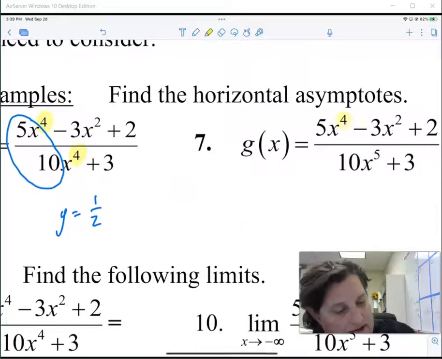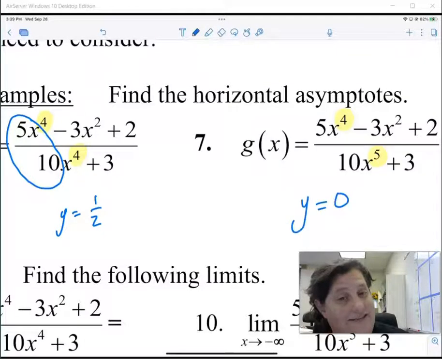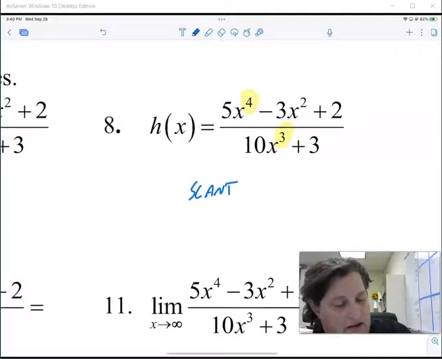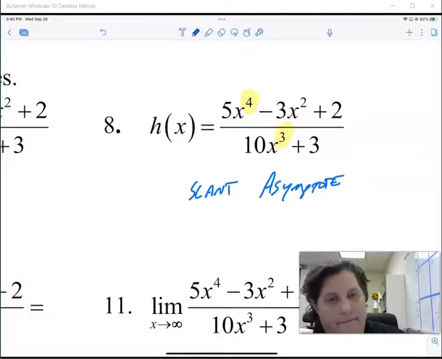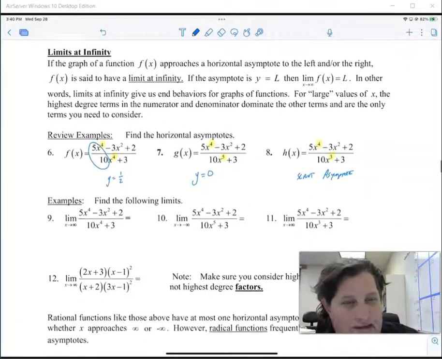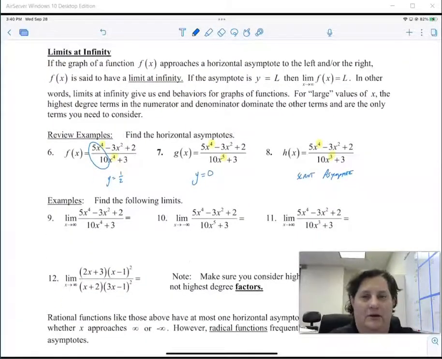This one has an x to the 4th and an x to the 5th on the bottom. So I'm going to have a horizontal asymptote at 0. Right? And then this one is bigger on the top than the bottom. So it's not going to have a horizontal asymptote. It actually has what we call a slant asymptote. Okay? That's going to have a slant asymptote. There's a way to find the equation of it, but we're not going to do that.